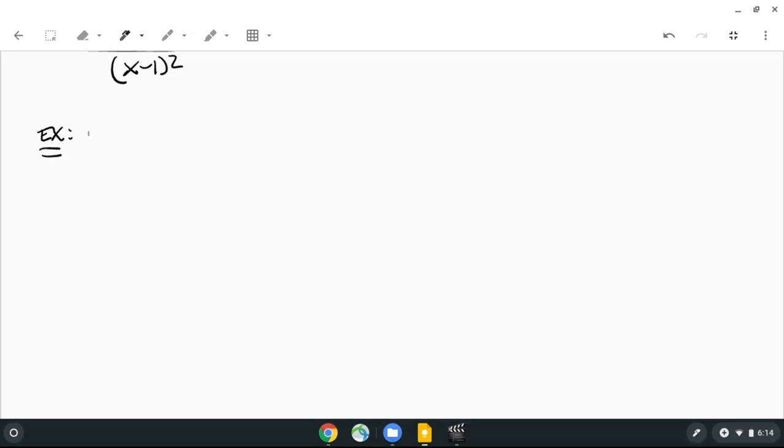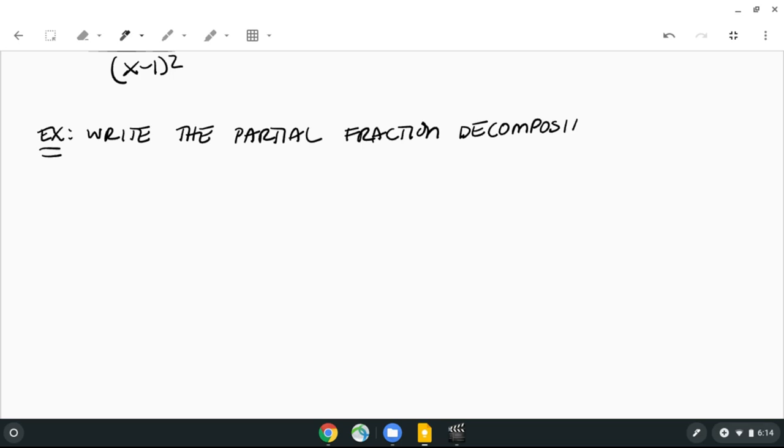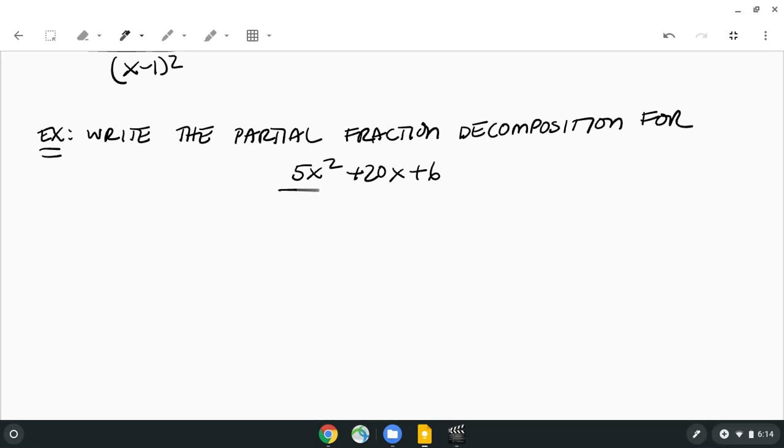Write the partial fraction decomposition for 5x squared plus 20x plus 6 all over x cubed plus 2x squared plus x.